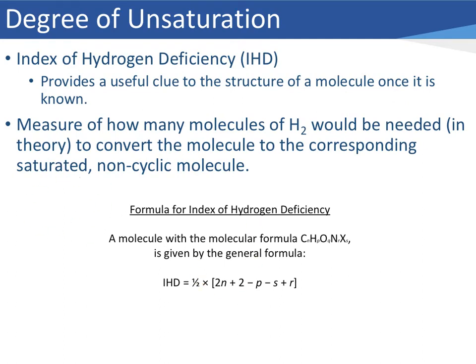And here's the formula. Now I can write this a couple different ways. I've got this generic chemical formula here with the little subscripts N and P and Q and R and S. I've also seen the IHD formula written in this form: 2 times carbon plus 2 minus hydrogen minus halogens. X stands for halogens.